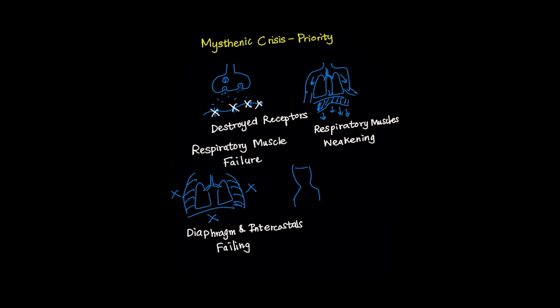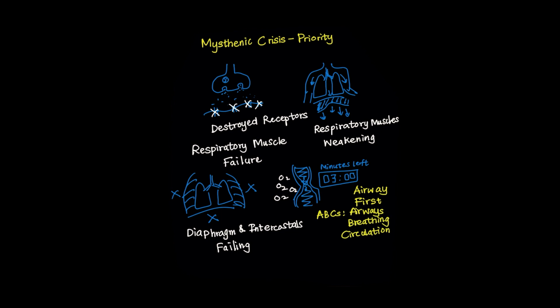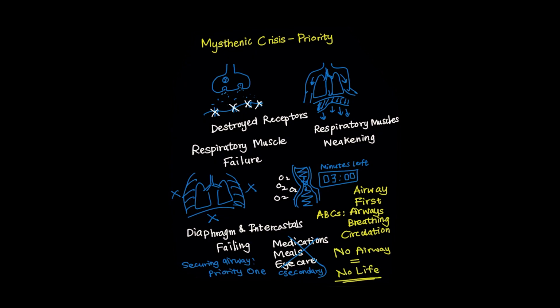The ability to protect the airway and breathe must be secured first because without oxygen, nothing else matters. Pyridostigmine can wait because medication won't help if the patient can't breathe. Small meals and eye care are important for long-term management, but irrelevant if respiratory failure occurs. Remember the ABCs? Airway always comes first, especially when respiratory muscles are failing.